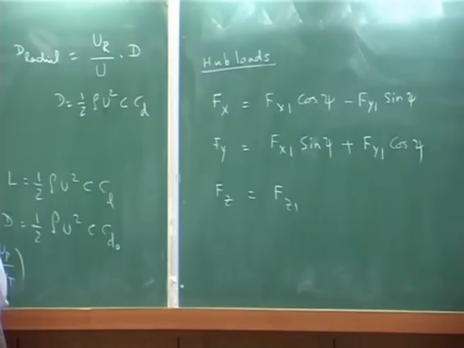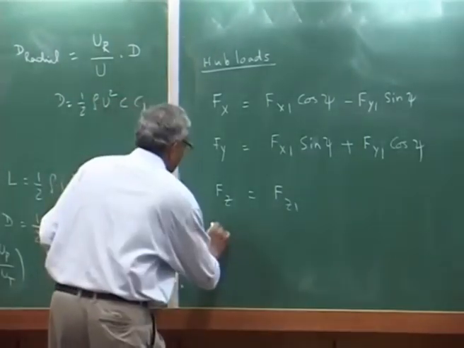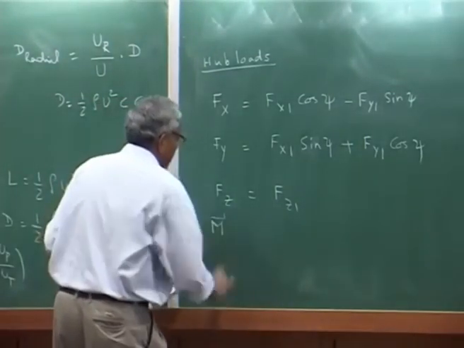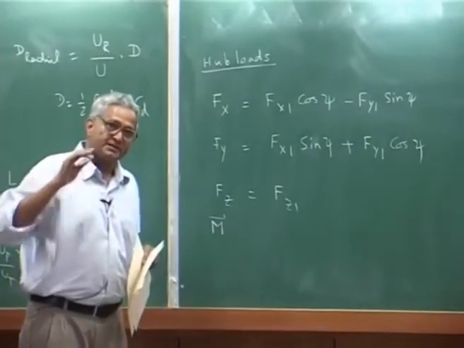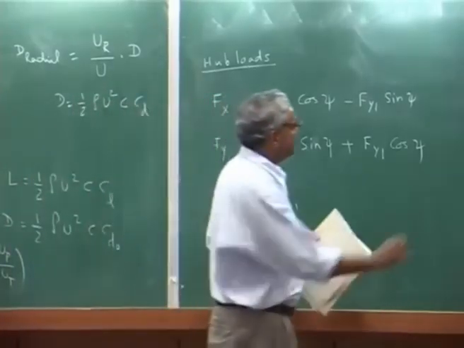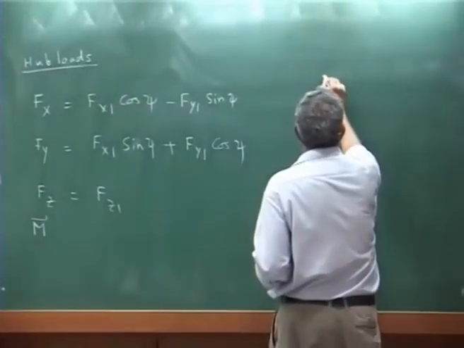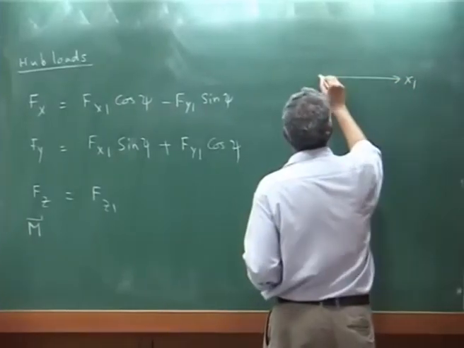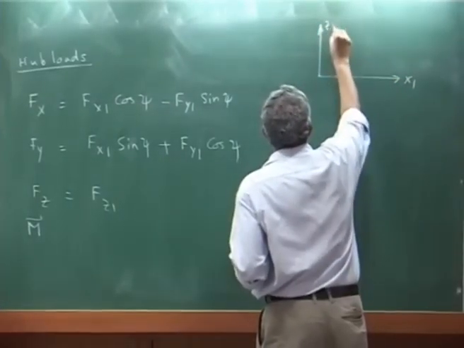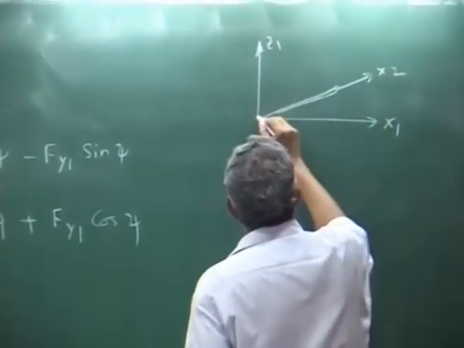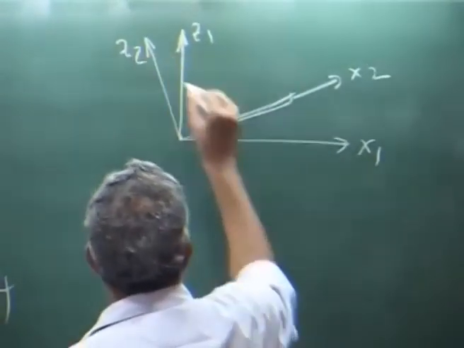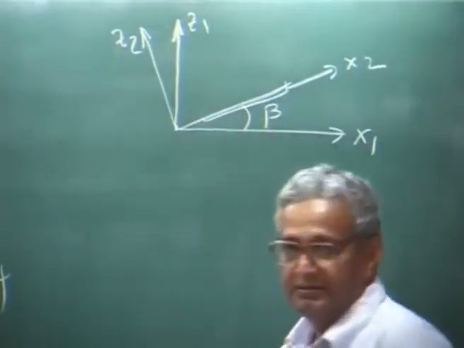So you have to take the moment also into account, but when we do the moment expression, I will write moment in hub coordinate directly. When I write, that means we had our blade, this is our x1 z1 and this is the blade, this is x2, this is z2, and this angle was beta.